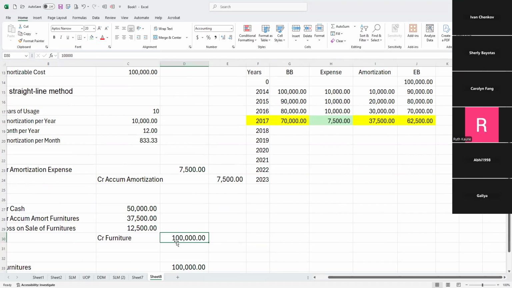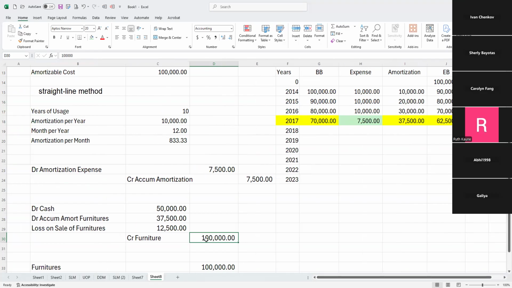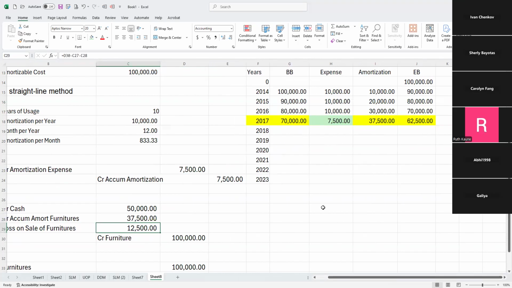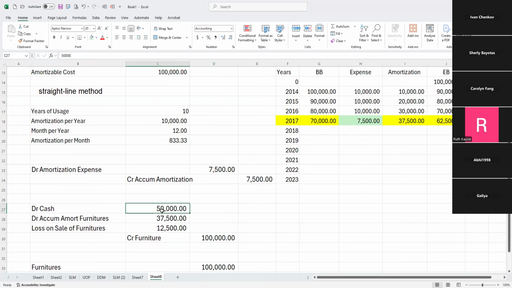The original cost is the one that has to be taken out. Once you get rid of the asset, get rid of the accumulated amortization for the same asset. The net amount between those two is going to give you the carrying amount on the amortization schedule. Get the cash, solve it for the loss or gain, and you're done.